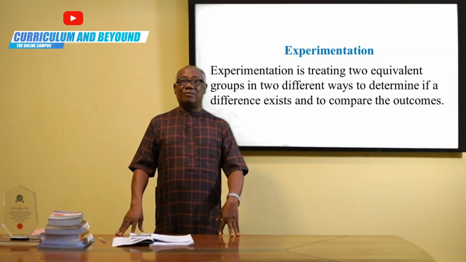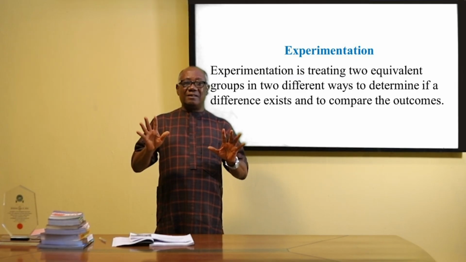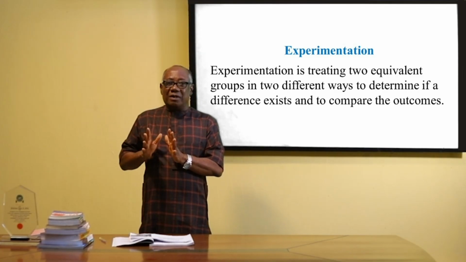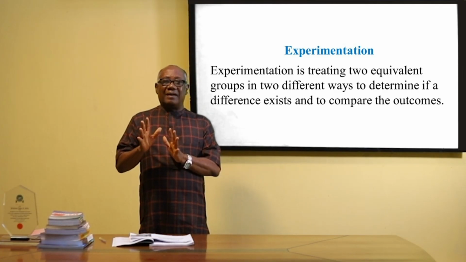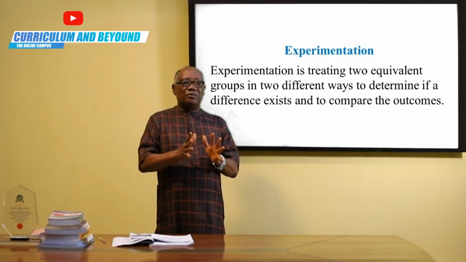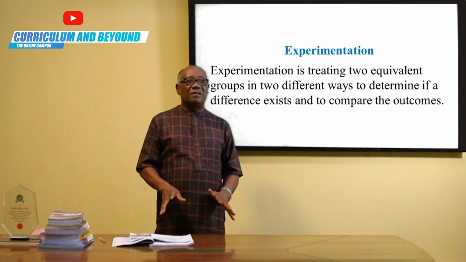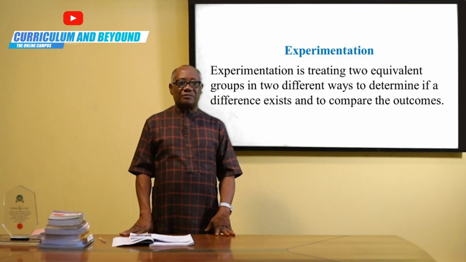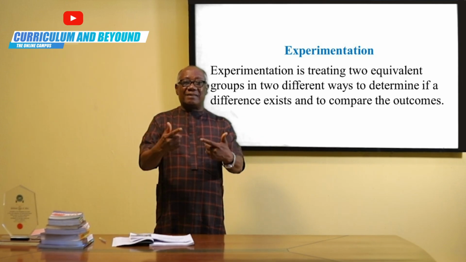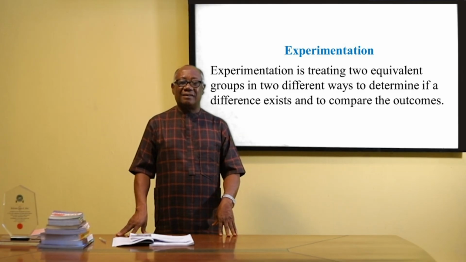Now you go into the treatment, teaching this Group A using the lecture method. And then in another class session, you teach Group B using the discussion method. At the end, you give them the same test to compare the performance.